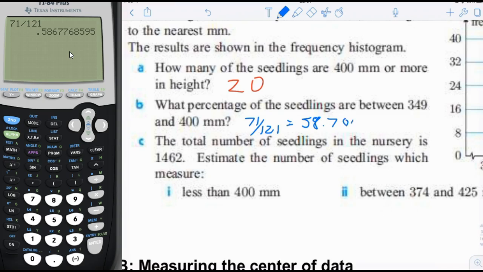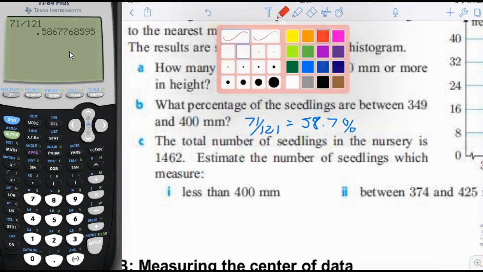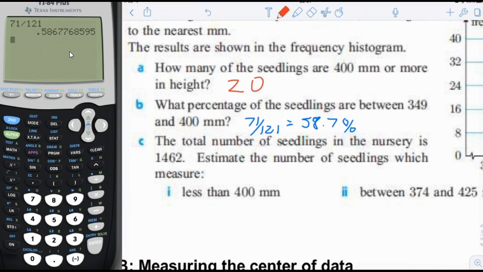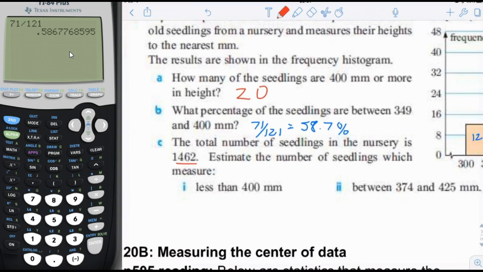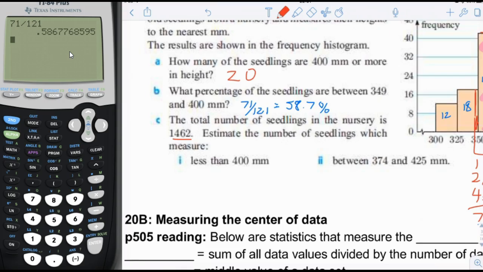58.7%. Okay. And then the total number of seedlings in the nursery is actually 1,462. Estimate the number of seedlings which measure less than 400. Okay, so we found out that there are 20 seedlings in the sample that are 400 millimeters or more. And what percentage would that be?